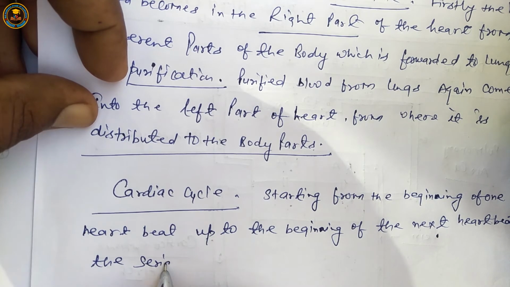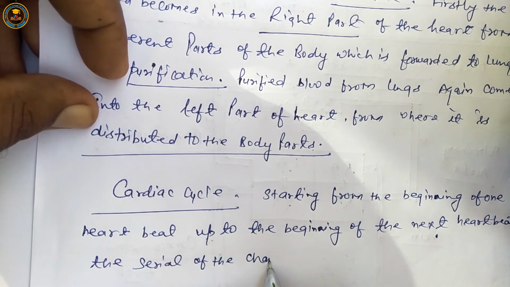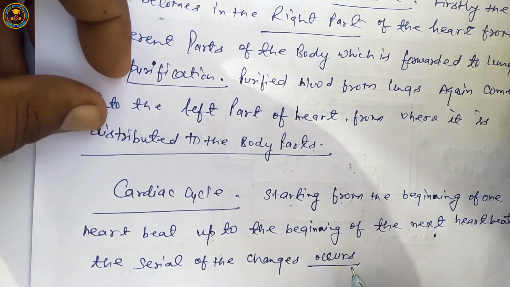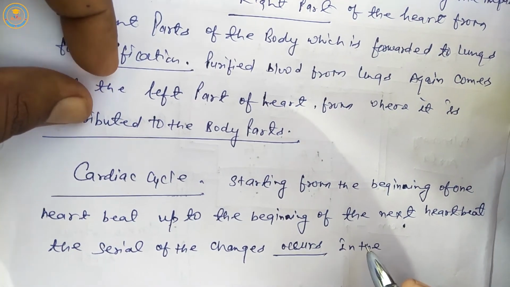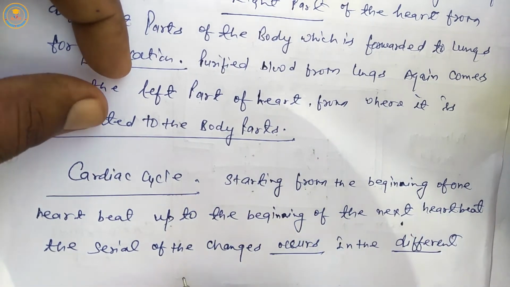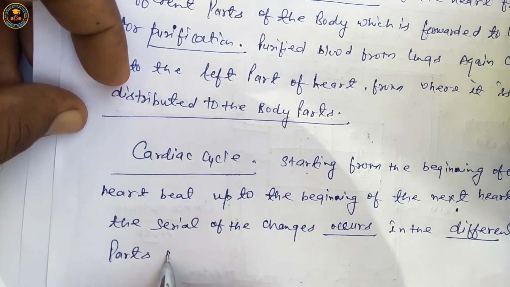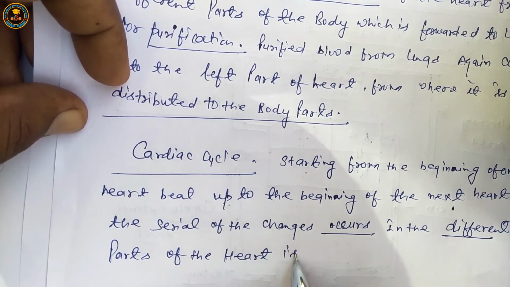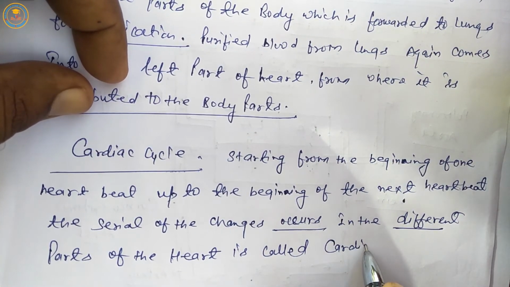the serial changes that occur in different parts of the heart are called the cardiac cycle or heart cycle.